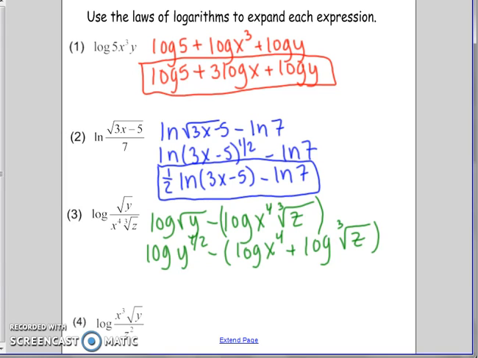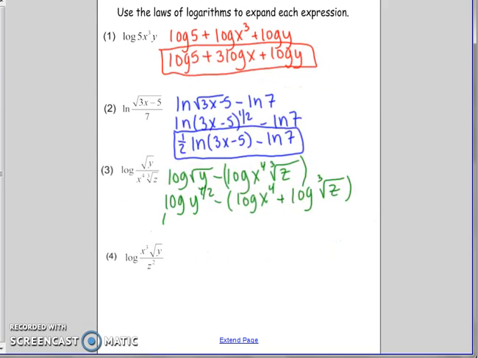So let's kind of finish simplifying this. What I'm going to do is bring the 1/2 in front. So I have 1/2 log of y minus, I'm going to bring the 4 in front. So I have 4 log of x. And then since I'm distributing this negative to both, this is going to be a minus.